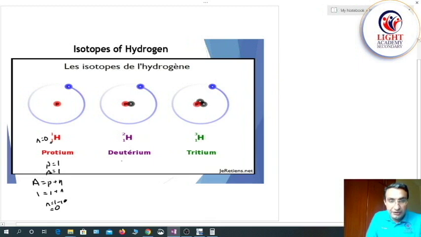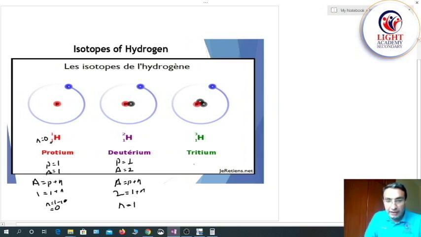When it comes to deuterium, P is also the same because these are the same element. According to the definition of isotopes, they have the same atomic number but different atomic masses or different numbers of neutrons. So A, the atomic mass, is 2. According to the formula P plus N, 2 is equal to 1 plus N, so N is 1.